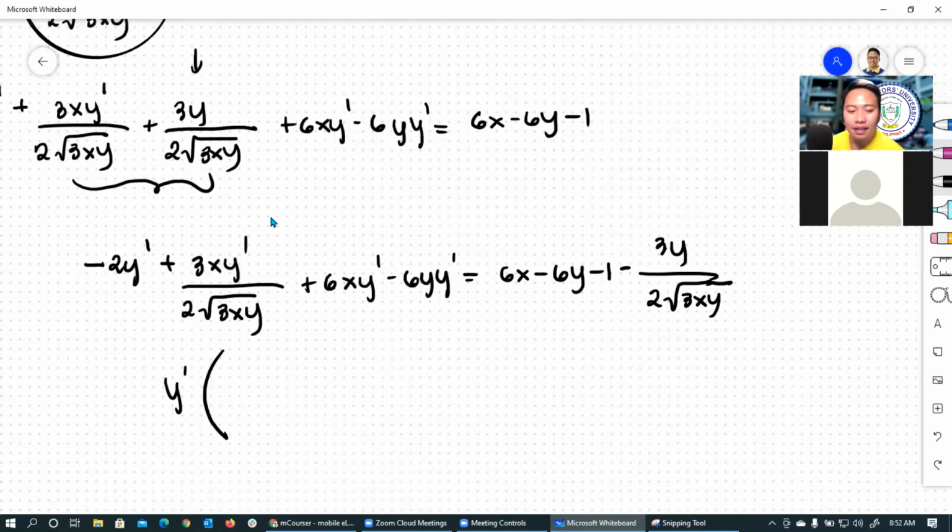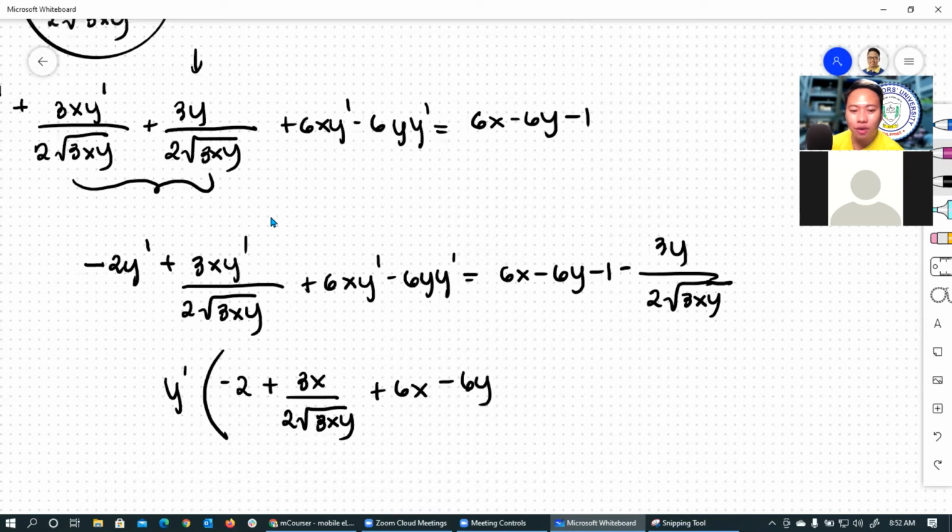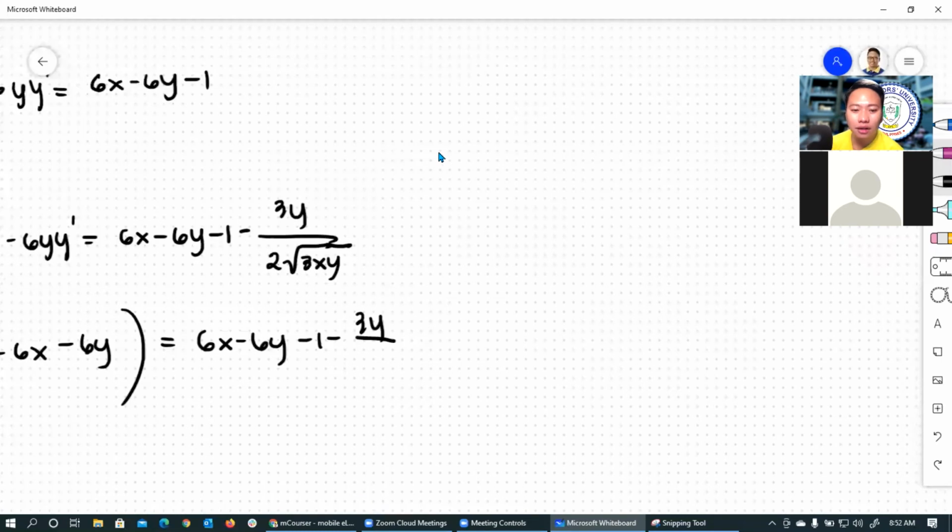On the left side: negative 2 plus 3x over 2 square root of 3xy plus 6x minus 6y equals 6x minus 6y minus 1 minus 3y over 2 square root of 3xy. There.